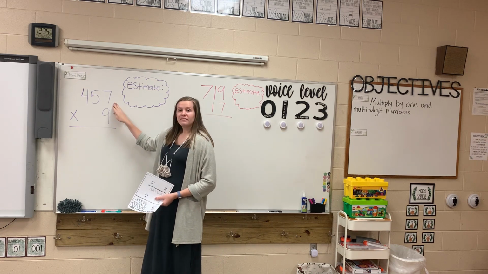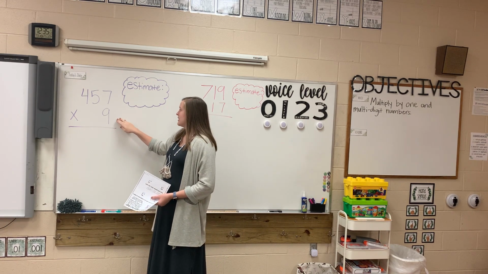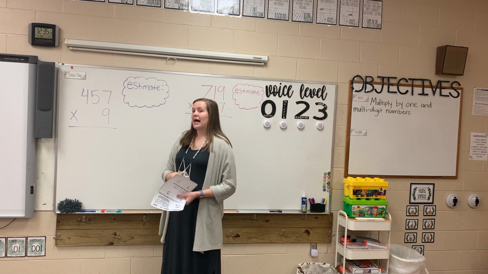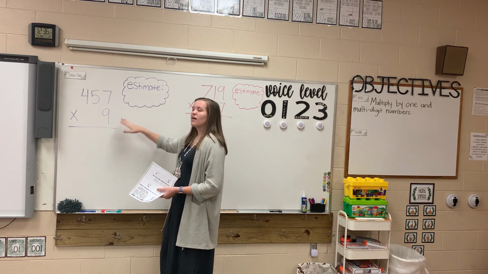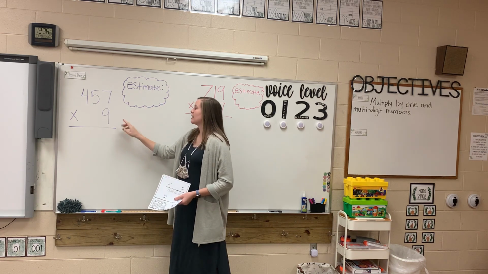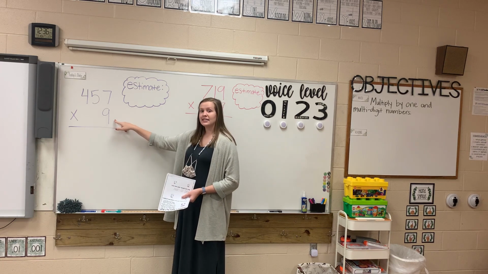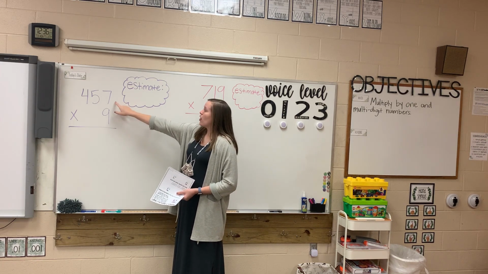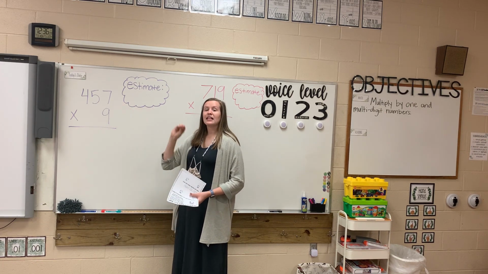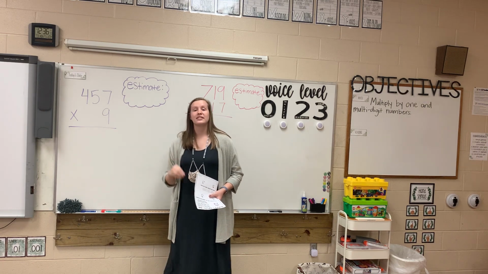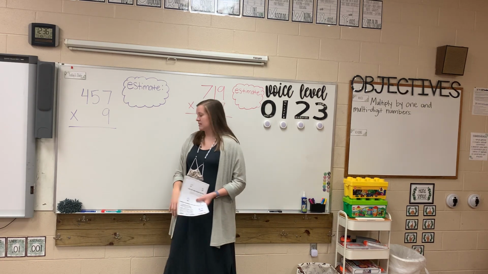We have 457 times 9. Before we multiply, we're going to make an estimate of what our answer is going to be. And so we're going to keep our 9 as it is, but we're going to round our 457 either up to 500 or down to 400 to get our estimate.